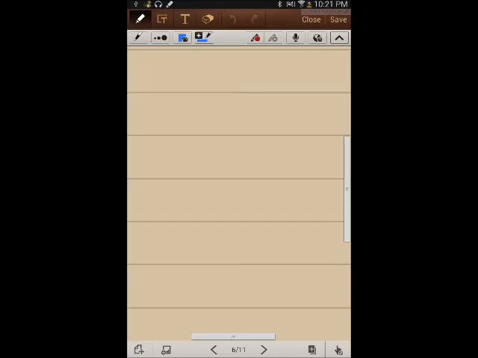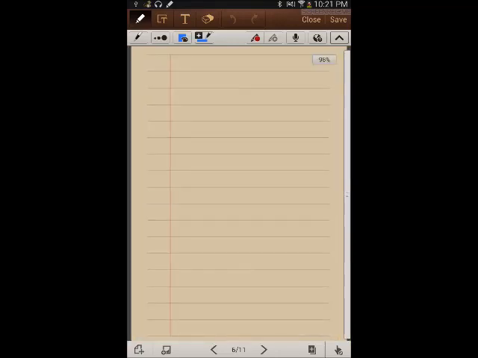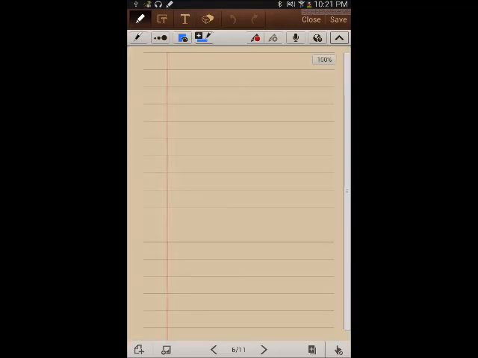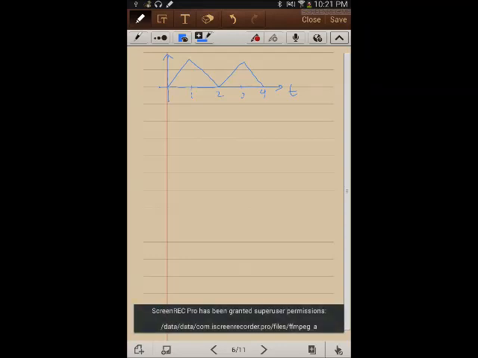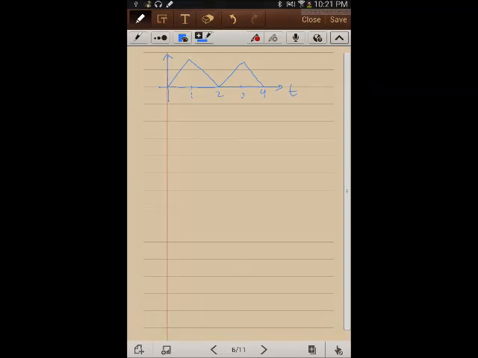Let us say that I have this current waveform. This is 1, this is 2, this is 3, and this is 4. So obviously the period is 2. This is the maximum amount of current, and this is the current as a function of time.